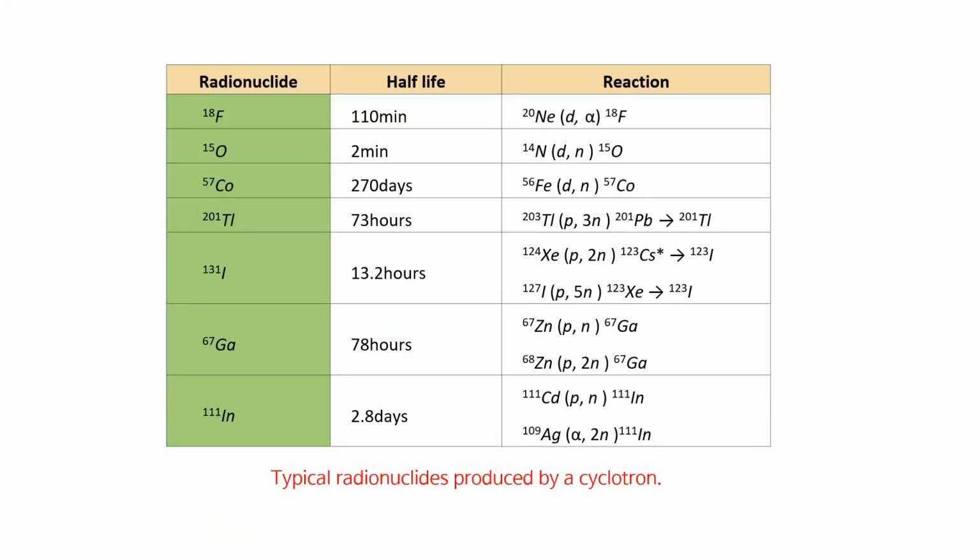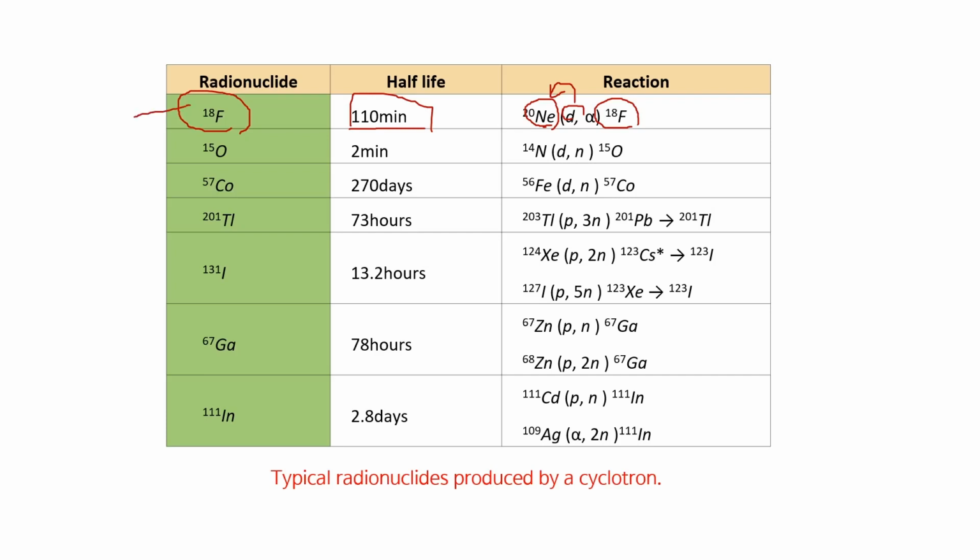This table shows typical radionuclides produced by a cyclotron. Here we can obtain fluorine-18 by using the target material neon. Neon is bombarded by deuteron to become fluorine-18. Its half-life is about 2 hours.